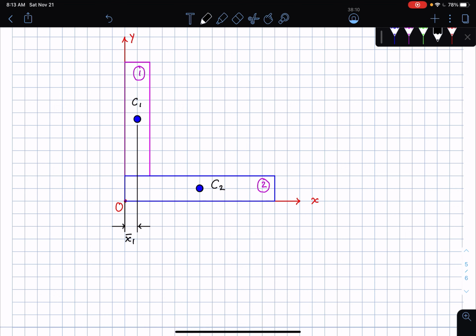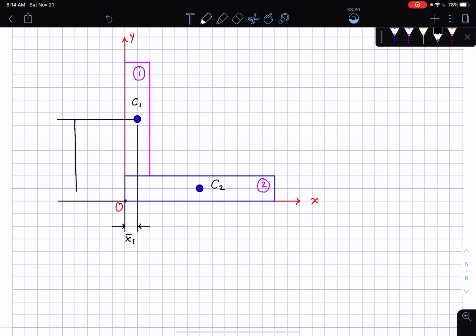Then from the origin to where the y location of this creature is, I'm going to call that y1 bar. Exact same idea. So this is supposed to be straight, so I think this is straight now, or approximately straight. Almost there, bear with me. That's good enough.